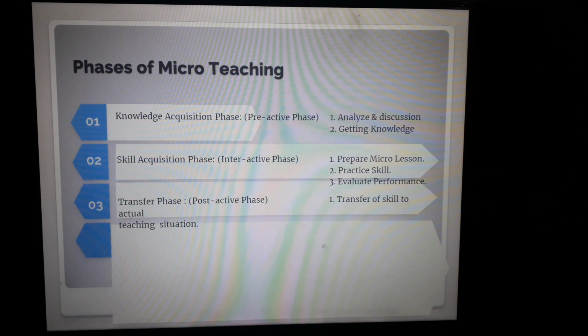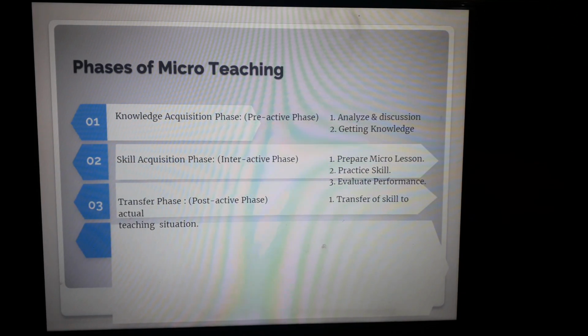There are so many teaching skills. So here the student teacher integrates the different skills in place of artificial situation. He teaches in the real classroom and tries to integrate all the skills.